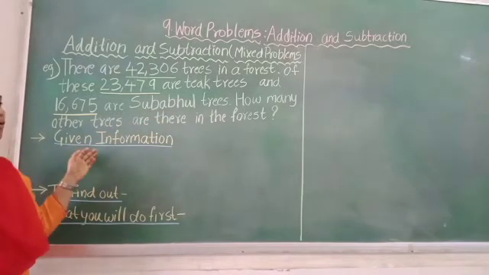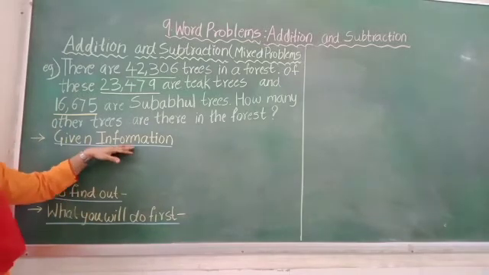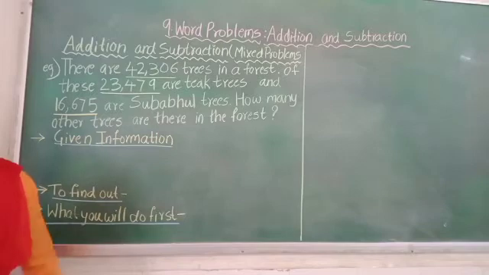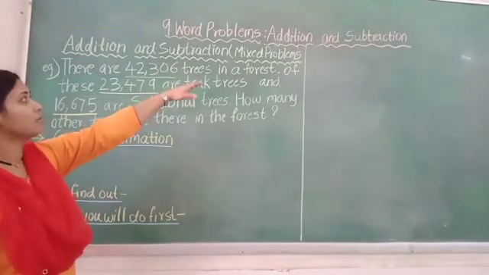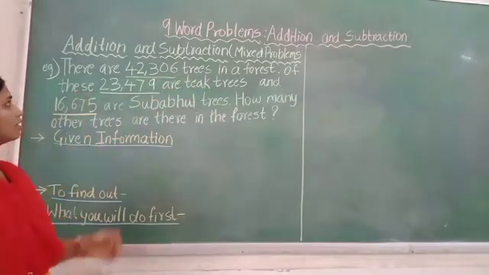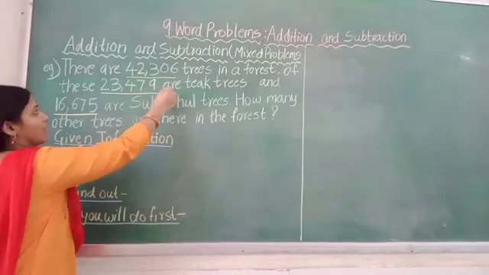So how do we write as usual in word problems? First we write the given information. So what information is given here? 23,479 are teak trees.